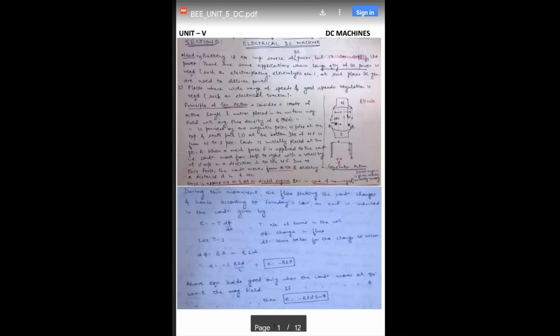So mechanical work is being performed, or electrical energy is converted into mechanical energy. But in the generator, the reverse happens. For example, in marriages, you must have noticed DC generators, DG sets being used.